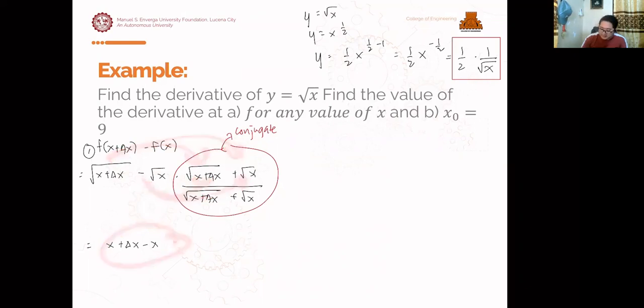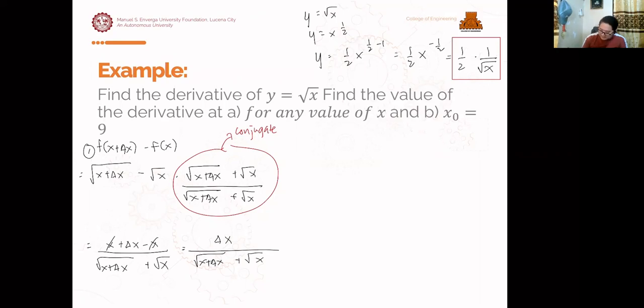Okay? Over yung nasa ilalim niya na square root of x plus delta x plus square root of x. Simplify pa natin. x minus x, so pwedeng mag-cancel out. So this will be delta x all over square root of x plus delta x plus square root of x. Okay? Yan yung first step natin.